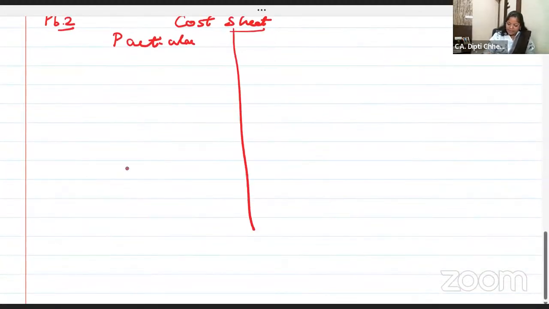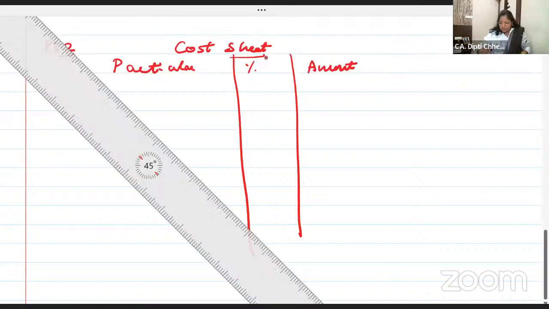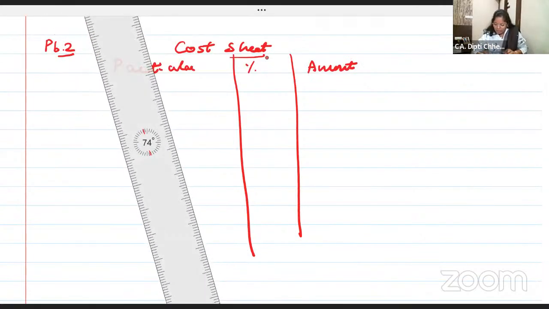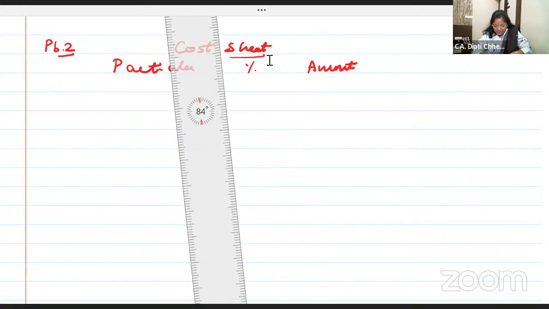So directly we will write the percentage or per unit as given, as an amount. Ma'am, you have changed the format. Yeah, because it's a simple problem. No working is required. Can you all please use a scale? I also have a scale here. Here it is. If I do it like this, a lot of your time will go. Okay, since I have told you, I'll do it.